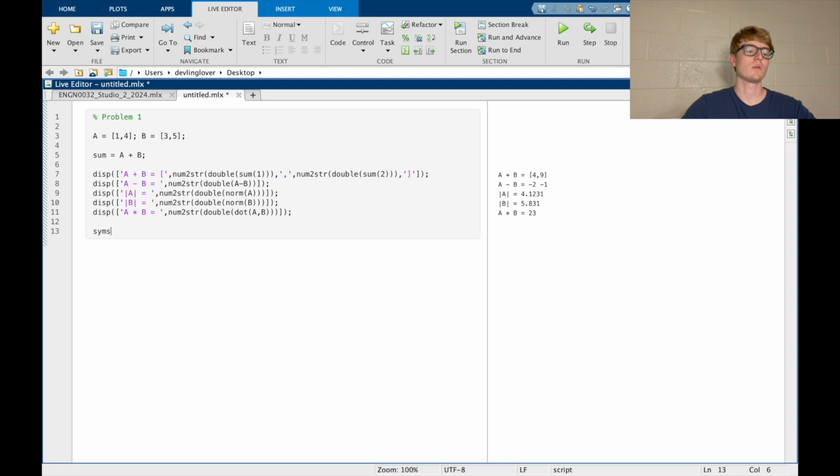So the last thing we want to find is the angle between vectors A and B. And so a really simple way to do this is just to use the equation that we derived earlier in the studio. But since we're trying to do this introduction to MATLAB, I'm going to do a little bit of a more complicated method and use the solve function.